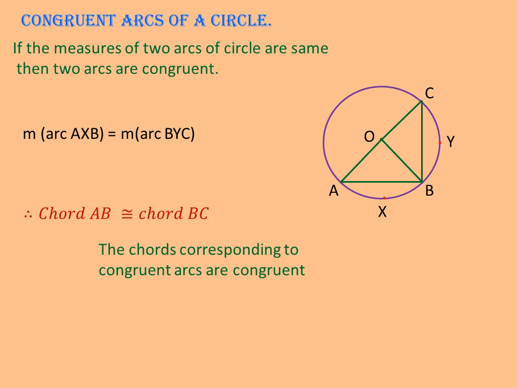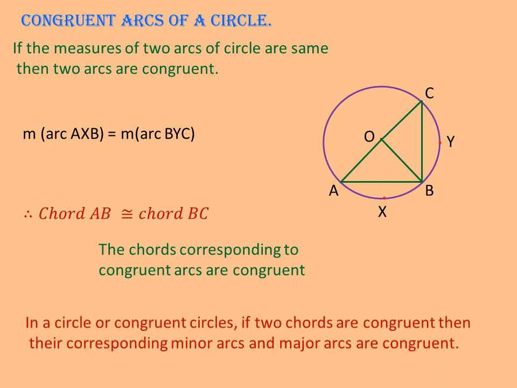When the two chords are equal, you know that each chord has two corresponding arcs: one is a minor arc, the other one is a major arc. So both the minor arcs will be congruent to each other, and in the same way both the major arcs will be congruent. Just opposite to this, when the two major arcs are congruent, then their corresponding chords will be congruent, as shown in this figure.